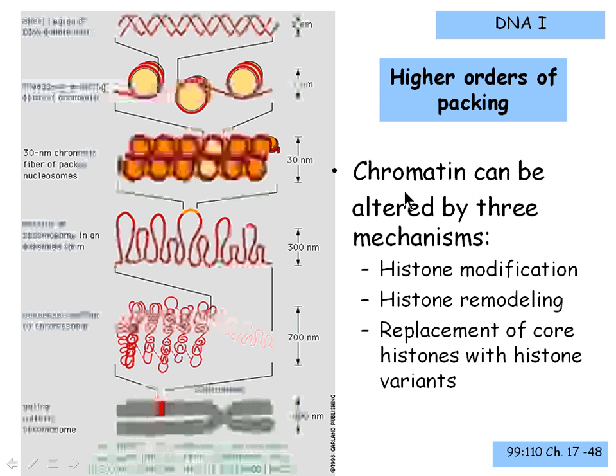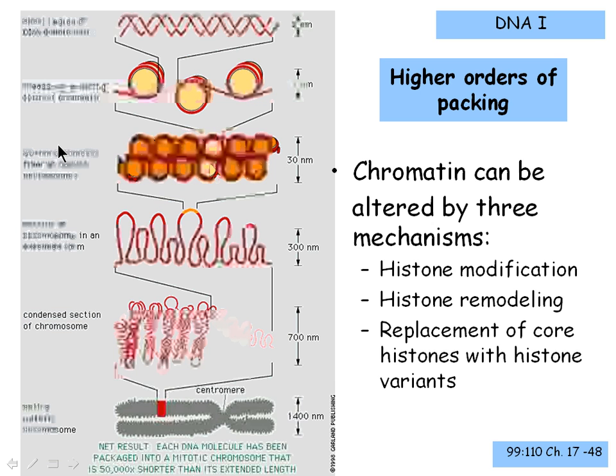So let's get into even higher orders of packing. We start with our double-stranded DNA, which is in a helix, which is a little bit compacted, and then we put that into more compaction, beads on the string, or nucleosomes, which are looped around each other even further to make 30 nanometer solenoids, which again loop around each other further and make little sections of chromosomes, which again will loop around each other and coil even further.